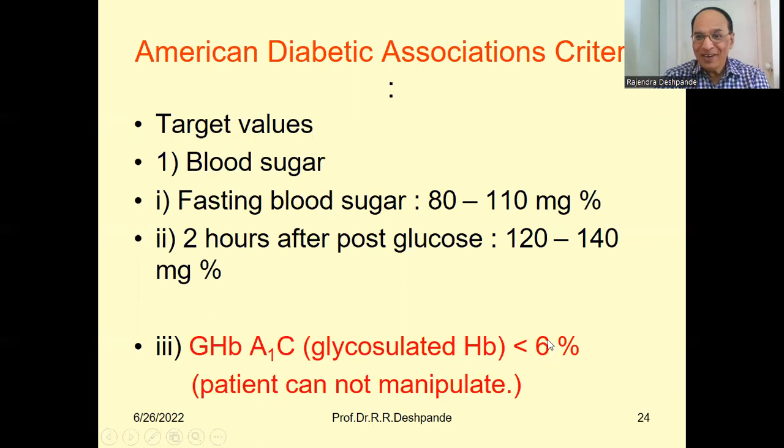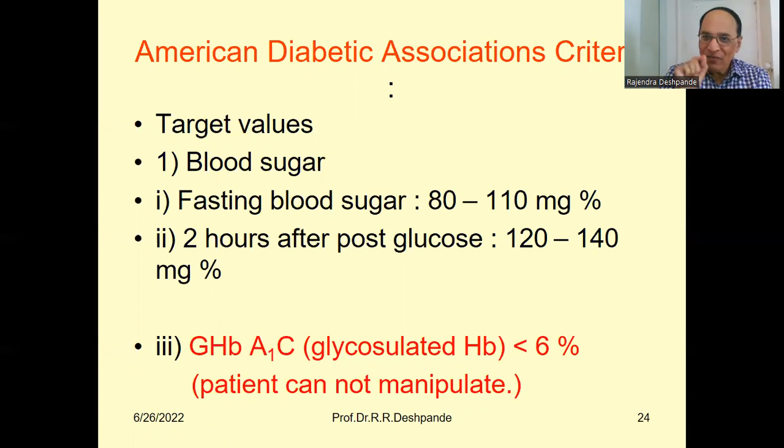Here you should remember that many people, when they want to go to check the blood sugar, the day before that checking, they eat less, they avoid anything wrong, and then they show to the doctor, see, my blood sugar is under control. But that is a time limited particular reading. But glycosylated hemoglobin will give you the average sugar control.